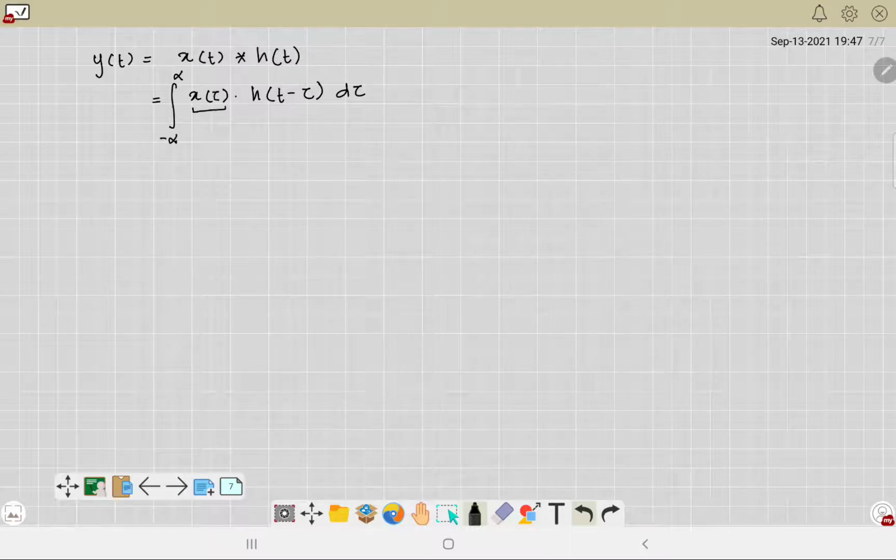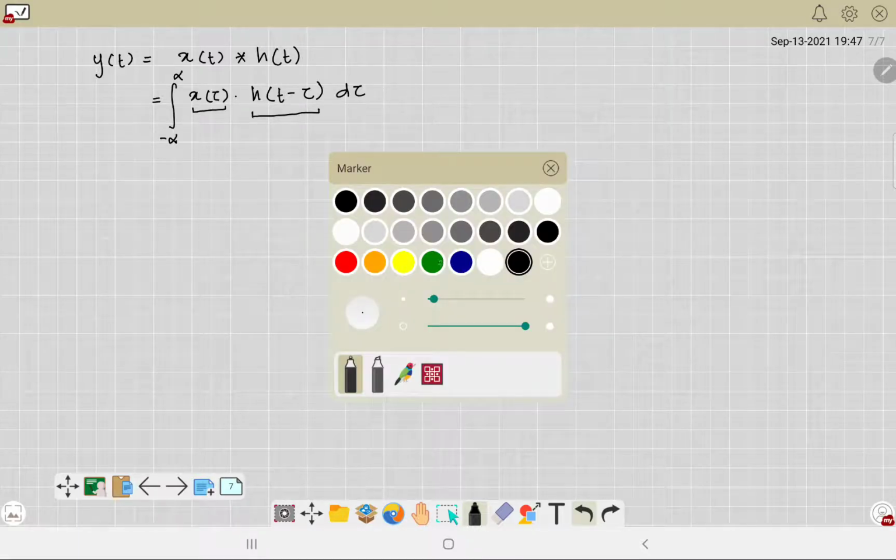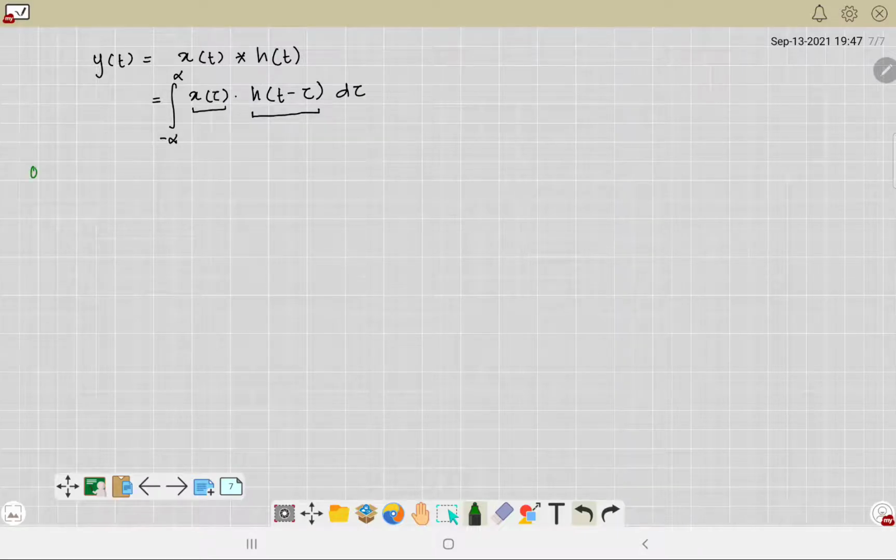Then we have the quantity h of t minus tau. Fine. So maybe I should write a bit of elaboration, that whenever you have to compute this integral that will define the output of your continuous time LTI system, you have to get this quantity t minus tau.